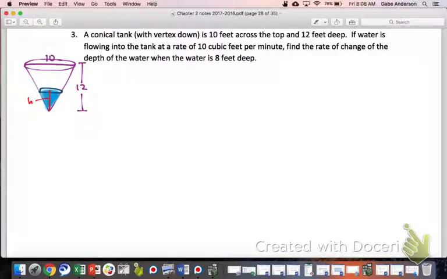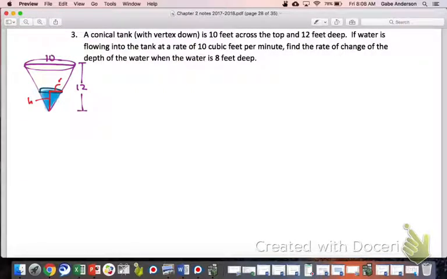And then, I know I have a diameter of 10 up there. I could say that that's the radius of the water. Make sense? The water cone's radius. Okay, so anyway, just trying to draw as detailed of a picture as I can based on my understanding of the situation.